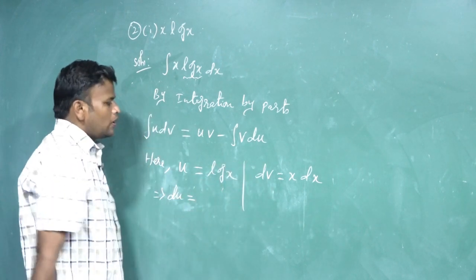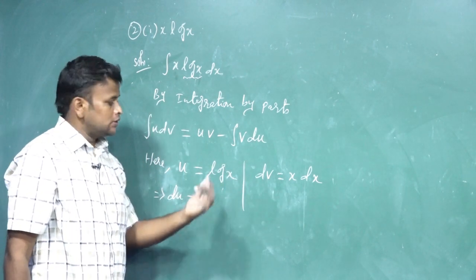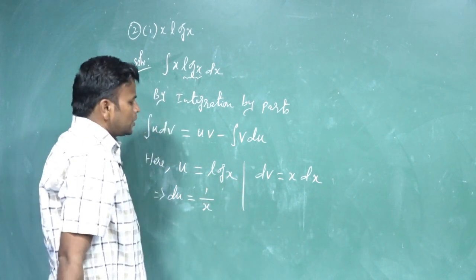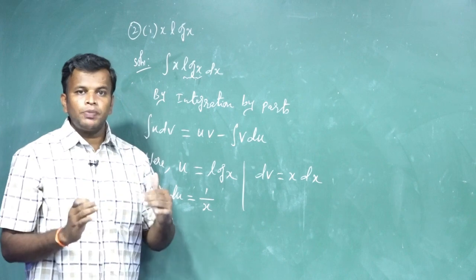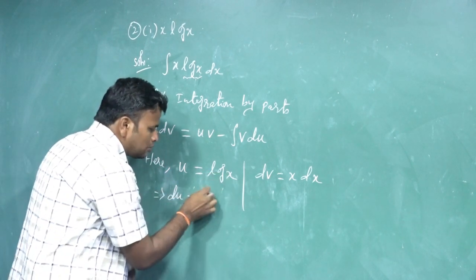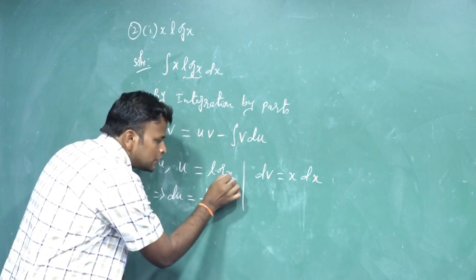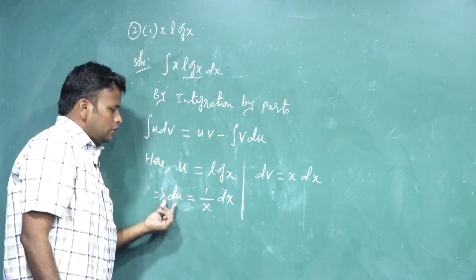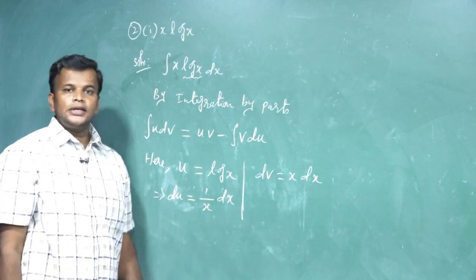What is the differential of log x? The differentiation of log x is 1 by x. Again, the differential of x is dx. So the value of du is 1 by x into dx.